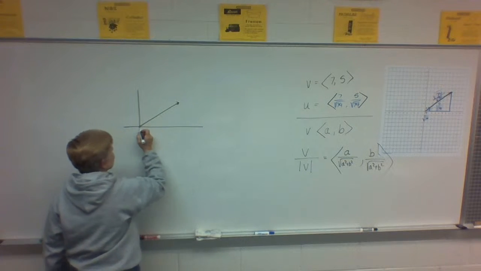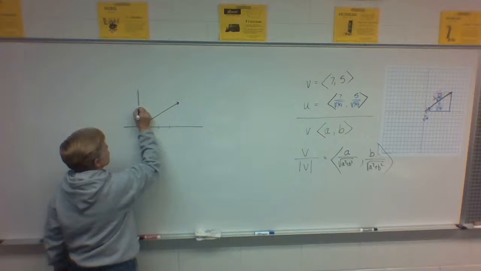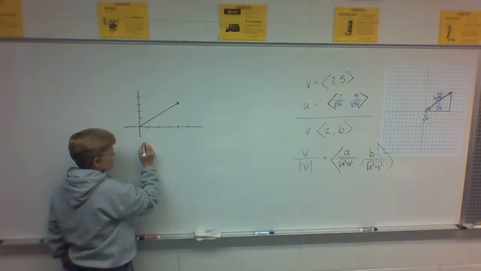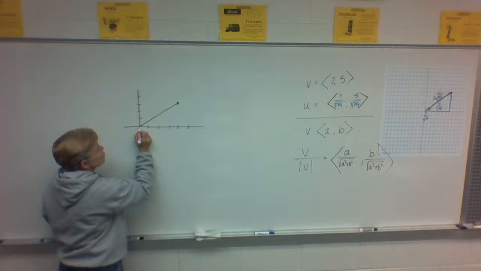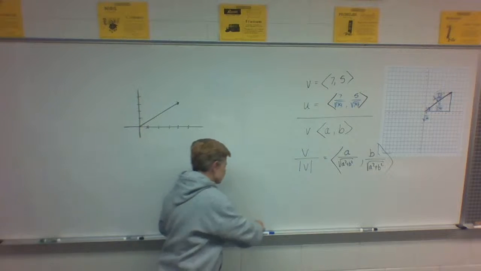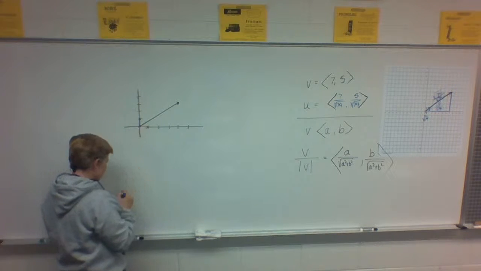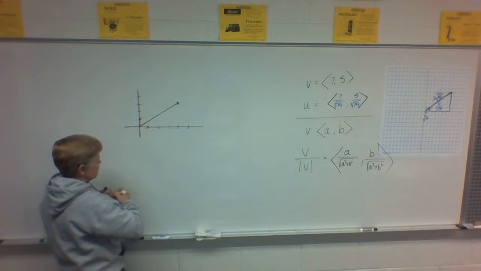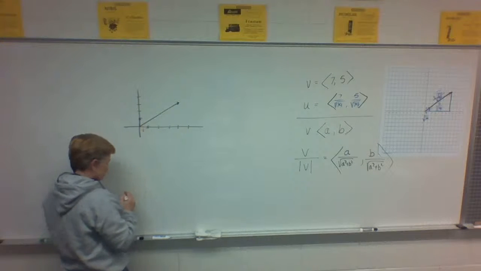I don't know where it is. Anyway, if this is a unit here, I'm going to put some units on here. I don't know where that thing actually landed. Maybe I'll redraw it. But if you've got one going out in this direction, what you can do is take this vector, which is the unit vector in the horizontal direction, and this vector, which is going in the vertical direction, and we can just call this vector, since it's a unit vector, instead of using A and B, I'm going to use I. This is just the I vector, it's horizontal.